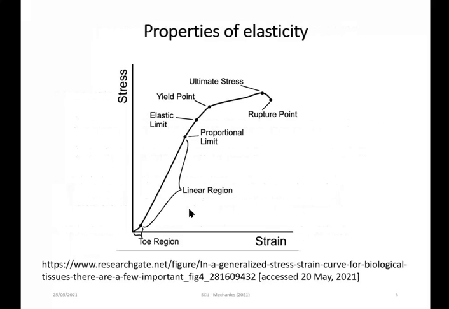We are going to use this graph to explain some key milestones in that stretching. Let me emphasize that there are some definitive terms when it comes to elasticity. Here you can see stress and we can see strain. We don't want to complicate things.